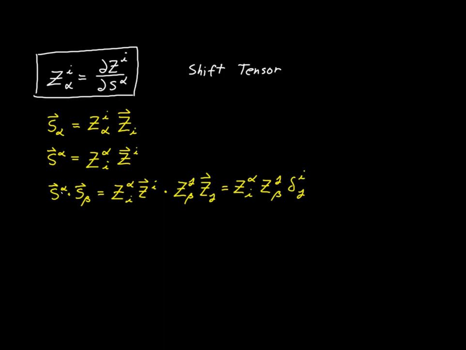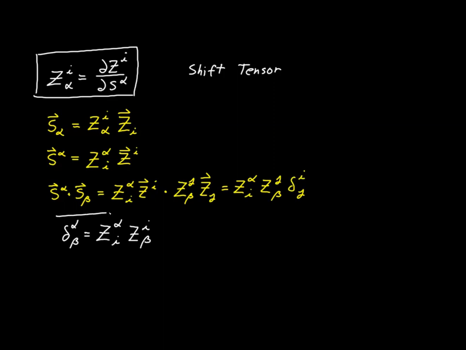Alright, so where that leads us is this. On the left side, we know that this dot product is going to give us delta alpha beta. And on the right-hand side, our delta function over here is going to absorb the j index. And so that's going to leave us with these two terms. We'll have Z alpha I times Z I beta, because this j got absorbed and replaced with I here.